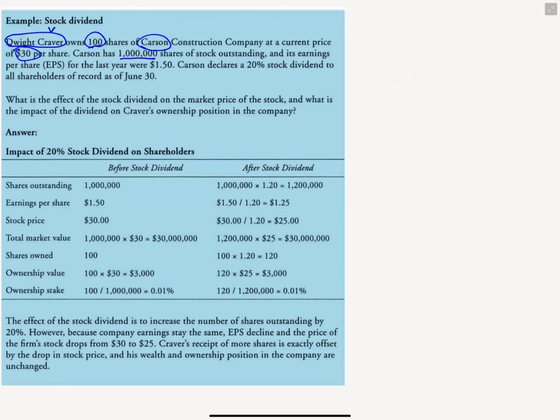Carson company has earnings per share of $1.5 for the last year.